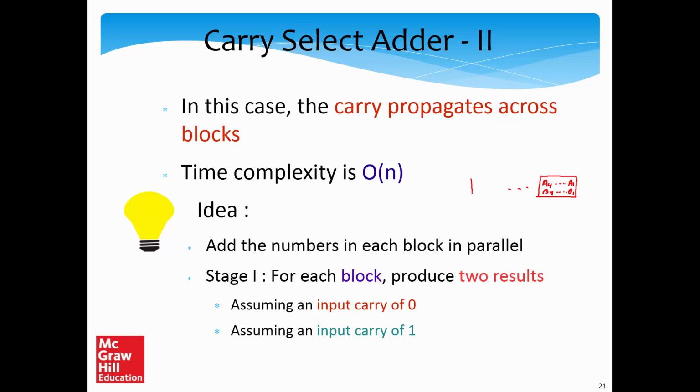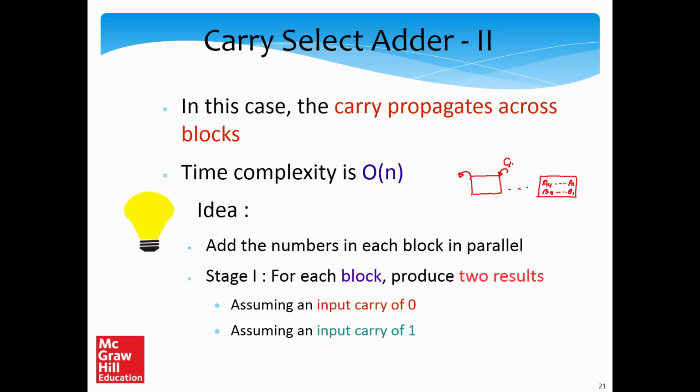So let's consider one block. What are the inputs to the block? The input to the block is the carry input from the previous block. What is the output from the block? The output from the block is the carry from the block, right? So these are the two inputs and outputs.